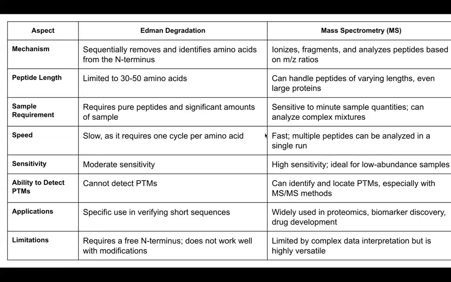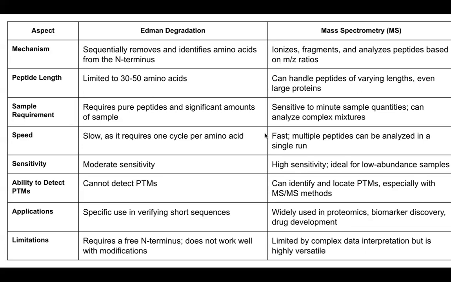But generally, Edman degradation has a, I guess, precise, stepwise approach, making it useful for short peptides or small scale studies. But it is limited by the need for purified samples and an unmodified N terminus.